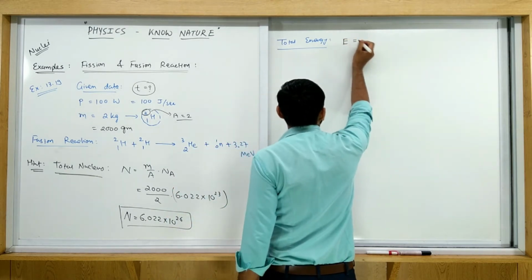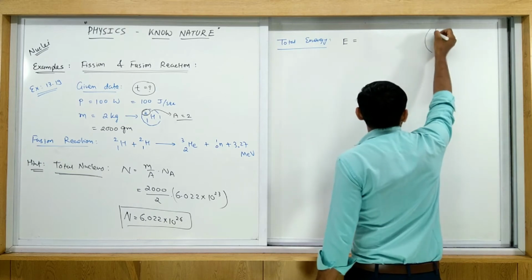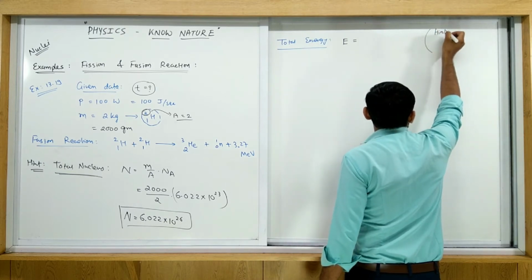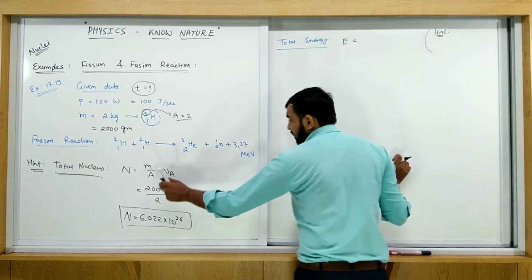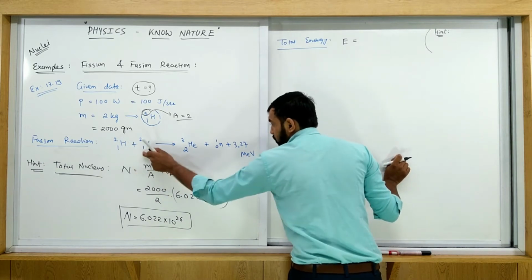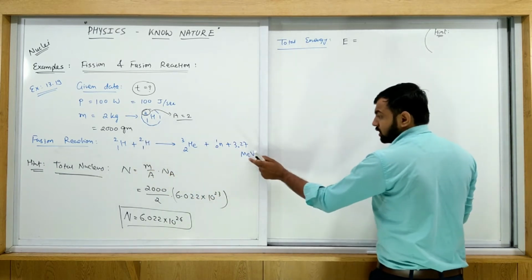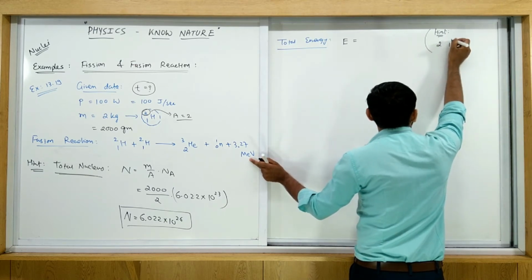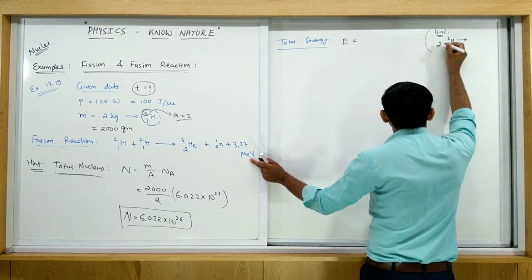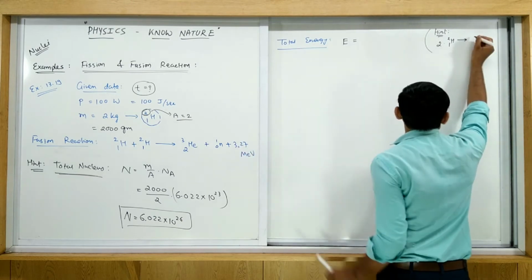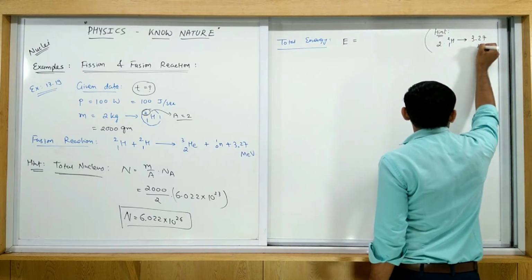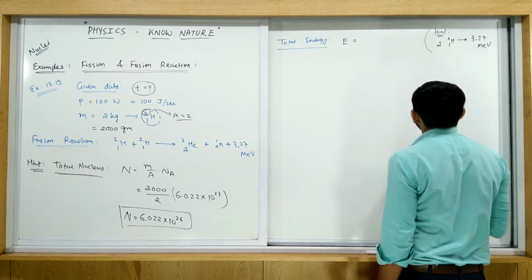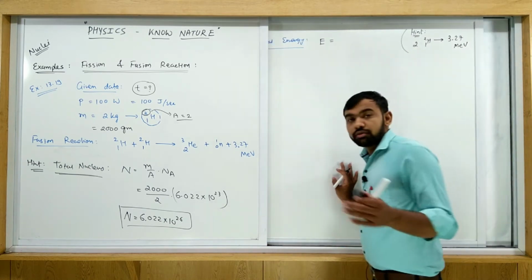E is equal to, let's use this hint. From this hint we write that by 2 deuterium, this much energy, 3.27 MeV, is released. But how many deuterium do we have?